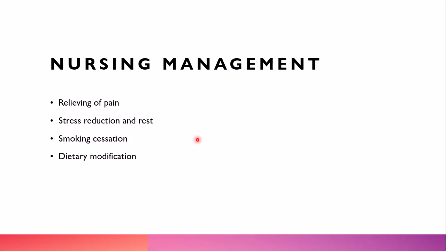Then trying to reduce the stress of the patient and asking the patient to take rest as much as possible. Then cessation of smoking, asking the patient to stop smoking, which will not happen all of a sudden, of course. So you have to give proper health education regarding smoking cessation, and make some dietary modification, because the person will undergo the surgery.